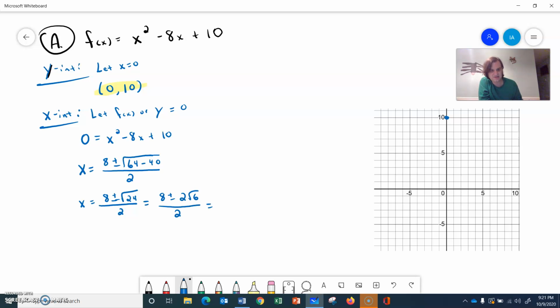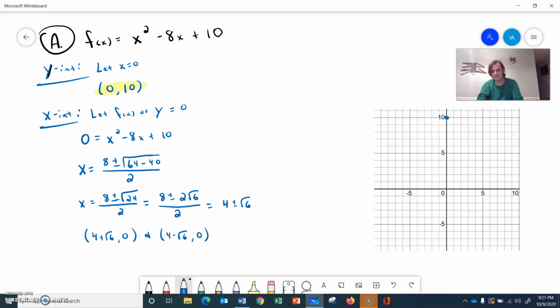So I can reduce that to 4 plus or minus the square root of 6 if I'm not mistaken. So I have two exact x-intercepts, 4 plus the square root of 6, 0, and 4 minus the square root of 6, 0.